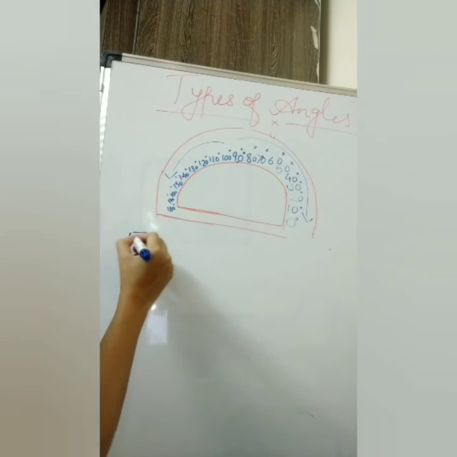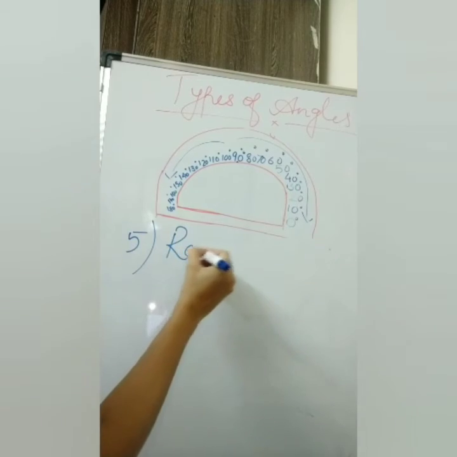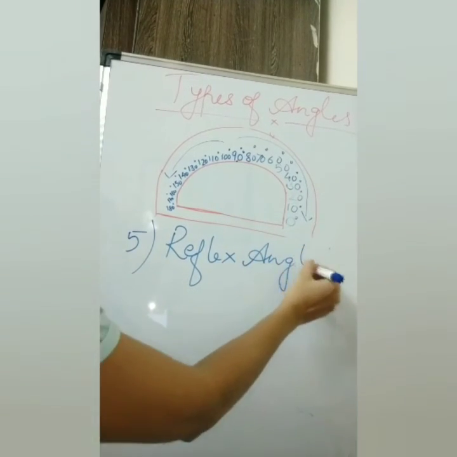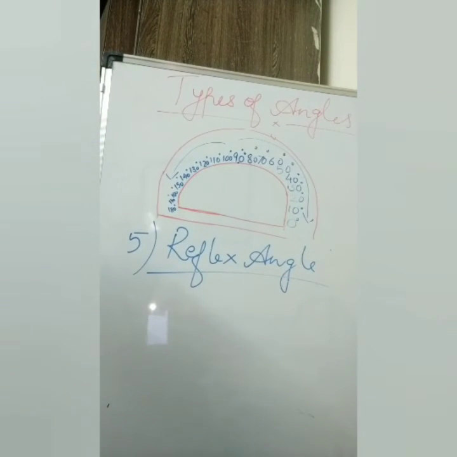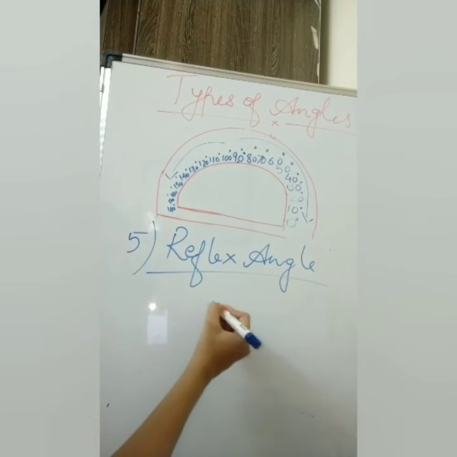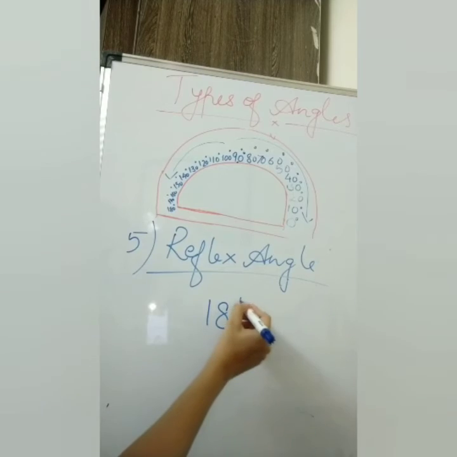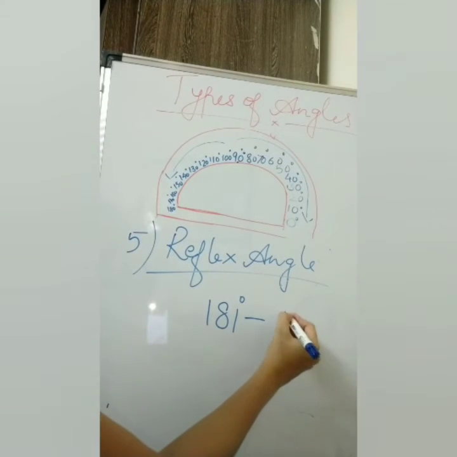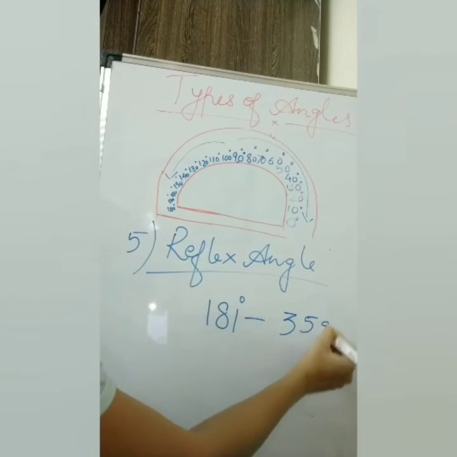Now the next one is reflex angle. What are reflex angles? An angle whose measure is greater than 180 degrees. It means it will start from 181 degrees but less than 360 degrees, it means 359.